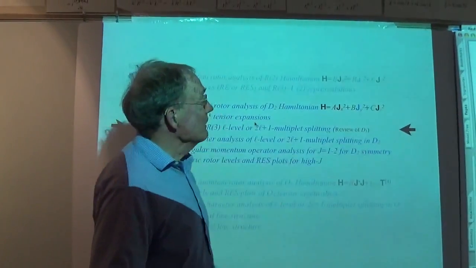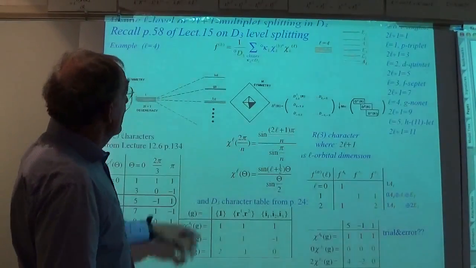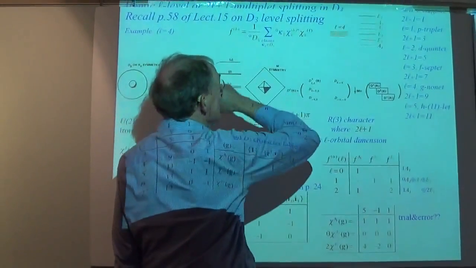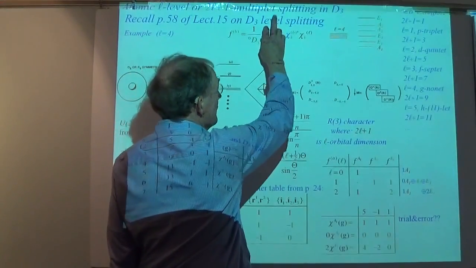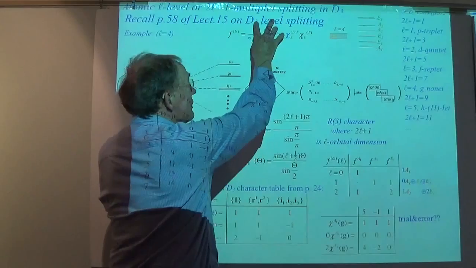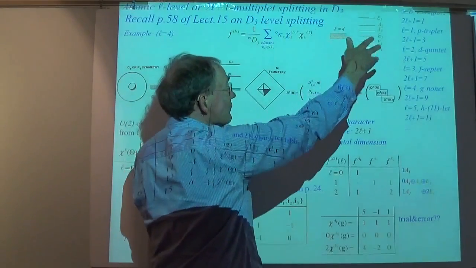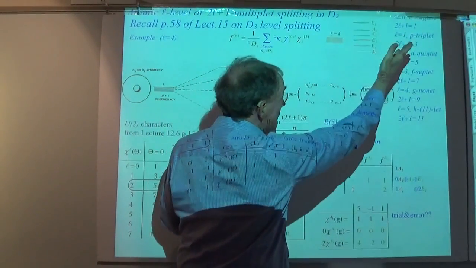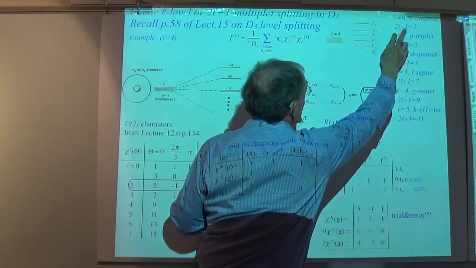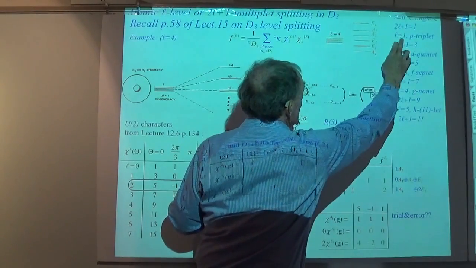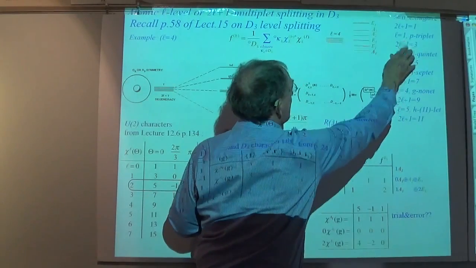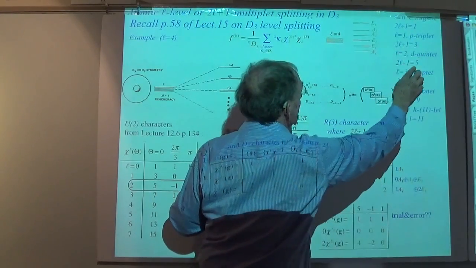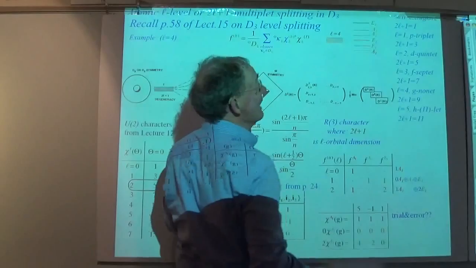This is a review of a D3 page, namely the page 58 in lecture 15, where we took the D3 symmetry and showed how to calculate the splitting due to D3 symmetry in some kind of trigonal perturbation on an angular momentum level, atomic level, could be a scalar with just one, that's a singlet, could be a triplet with the letter P for angular momentum 1, that's 2L plus 1 equal 3, okay, and then 2L plus 1 equal 5, that's the D quintet.